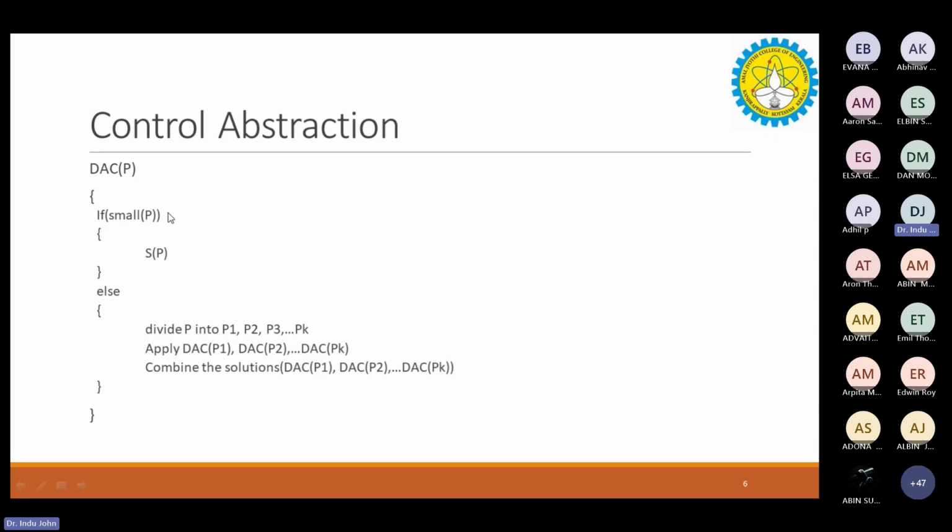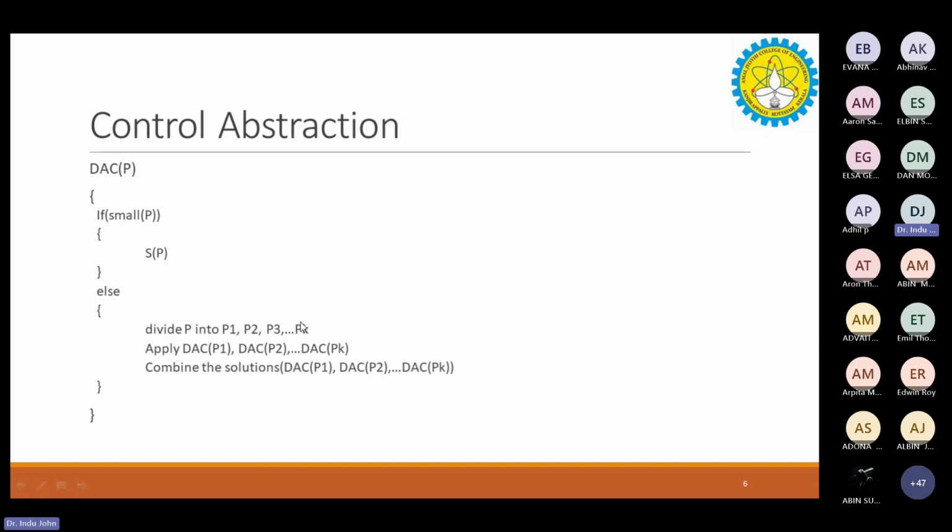If small of P, if P is of small size, then solve the problem P. Otherwise, what you do is to divide P into P1, P2, P3, and so on up to Pk. And then you apply DAC. This same procedure will be applied on P1, P2, and so on up to Pk.